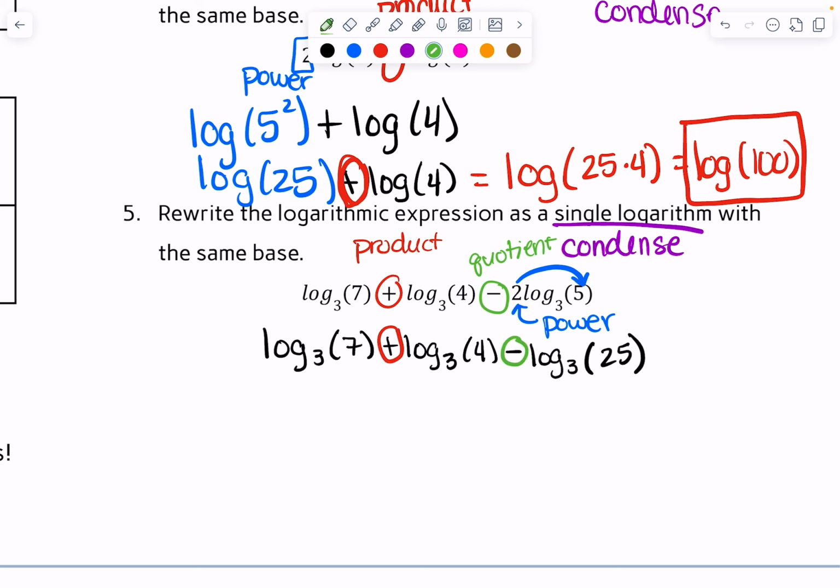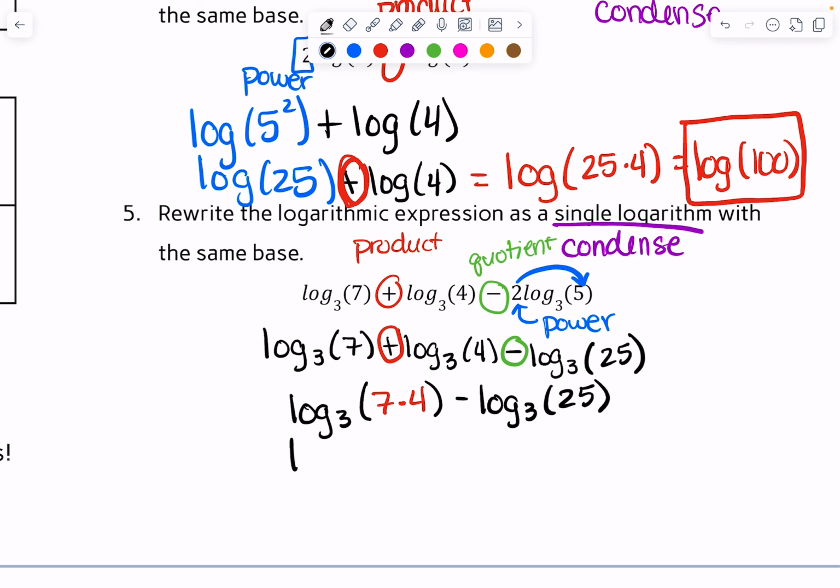And at this point, we're going to move from the left to the right. So the first thing we're going to do is that product property. So log base 3, and then multiply together, that's 7 times 4, which would give us 28. And then the product property here divided by, my bad. I was getting ahead of myself a little bit, and I almost made a pretty big mistake. So log base 3 of 25.